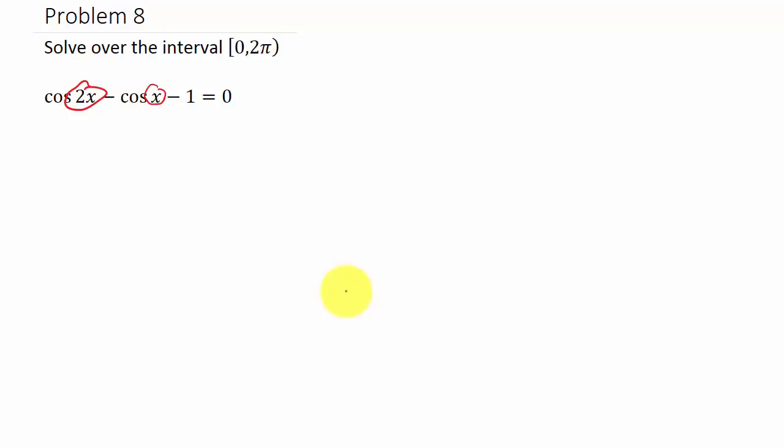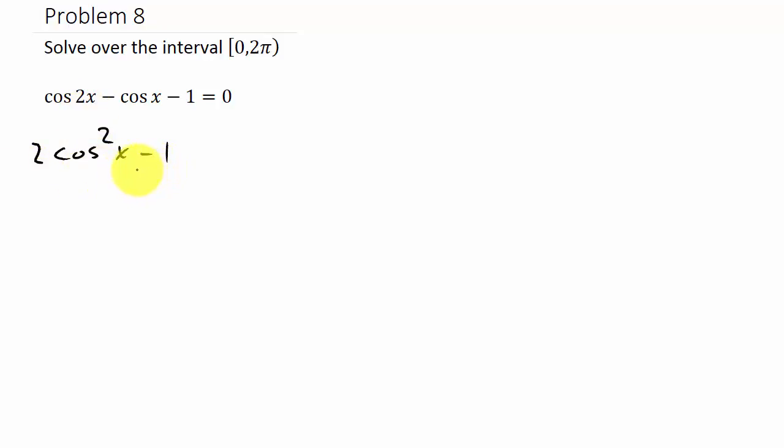Well, remember, we have a double angle identity, and the double angle identity says that cosine 2x can be written as 2 cosine squared x minus 1. So I rewrote cosine 2x as 2 cosine squared x minus 1.